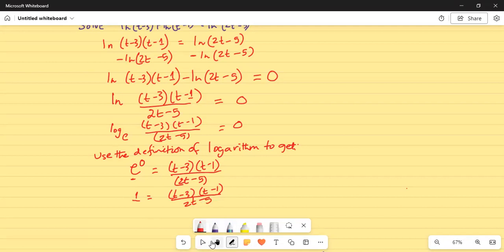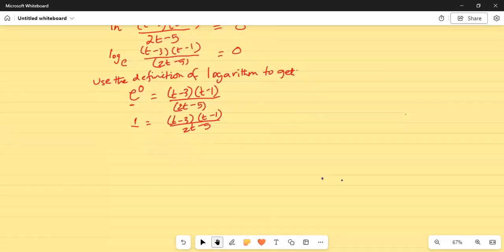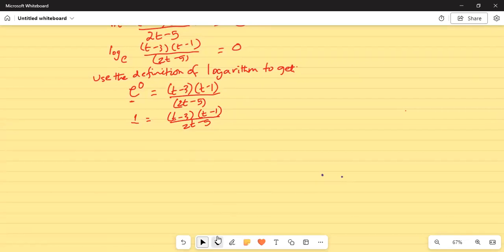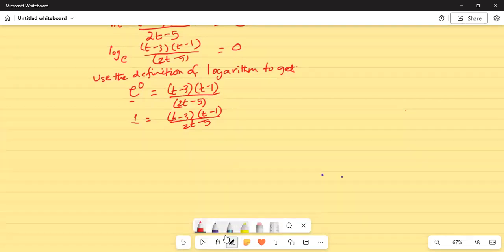Okay, so if I create some space for myself, I will multiply now by 2t minus 5 on both sides. Why, you ask me? The reason is I want to remove 2t minus 5 from the denominator of the right-hand side. The only way I can do that, because 2t minus 5 is in the denominator, which means divided by, I do the opposite, which is multiplication. So I multiply both sides by 2t minus 5.